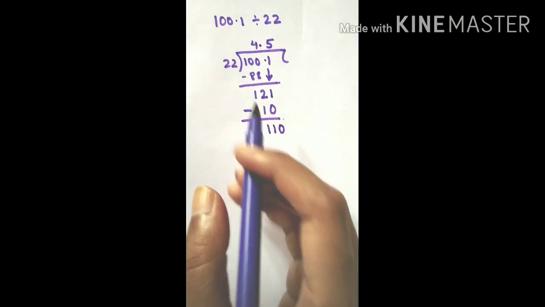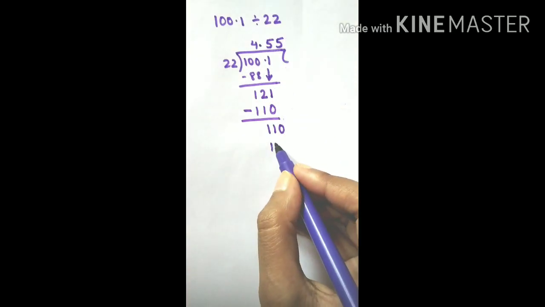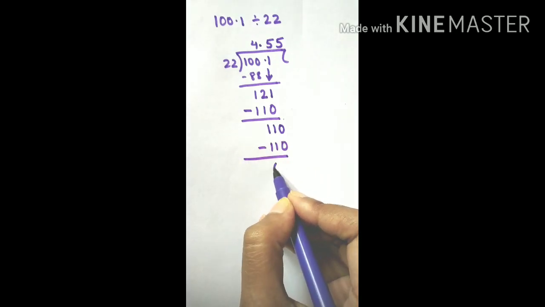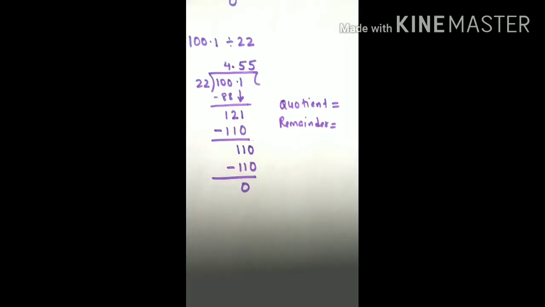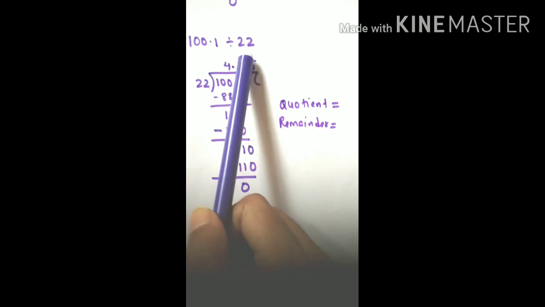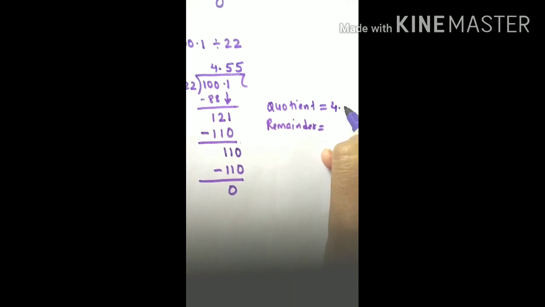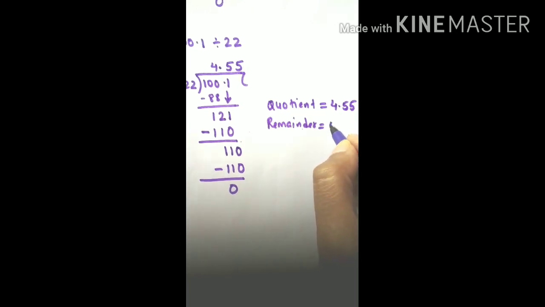We know that 22 multiplied by 5 is 110. So when we subtract them, we get 0 remainder. So when we divide 100.1 by 22, we get the quotient as 4.55 and the remainder as 0.